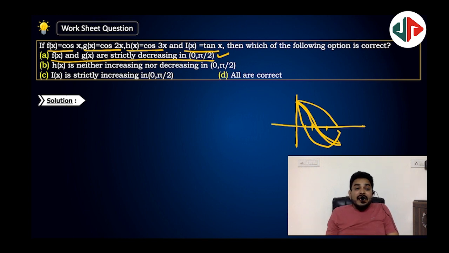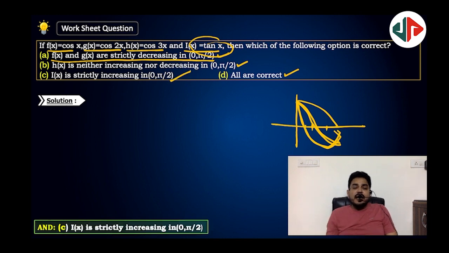Now we have to look at h of x, cos 3x. Yes, it is going decreasing then increasing, neither increasing nor decreasing. I of x is strictly increasing, yes, tan x is always increasing.